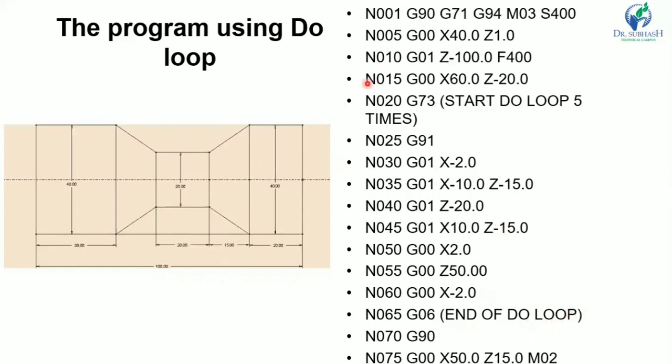So this process will repeat 5 times to obtain this diameter. Then G90 again, it's an absolute mode, and G00 X50 Z15 M02, that means the end of program. So this is the program using the do loop.